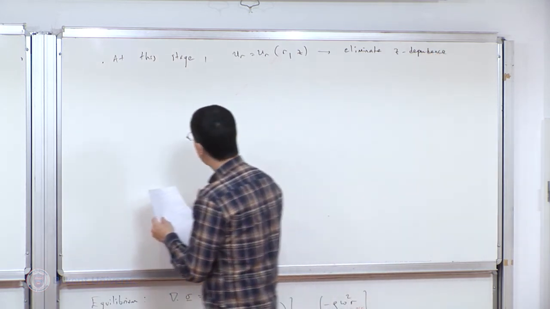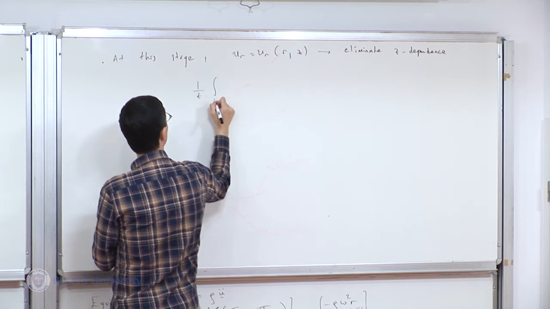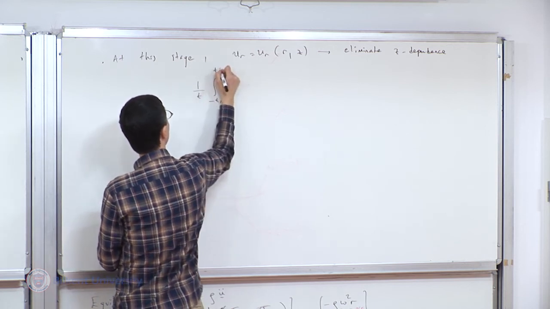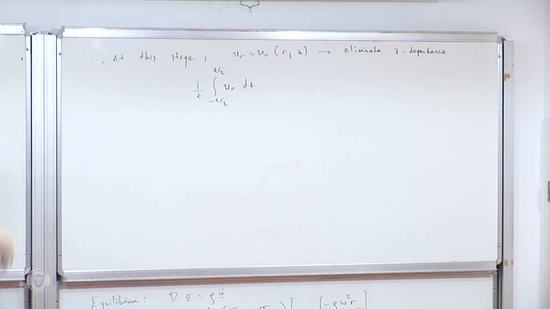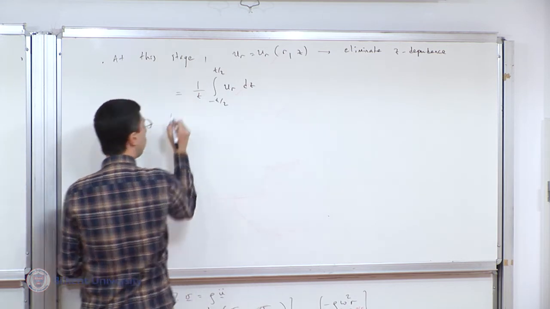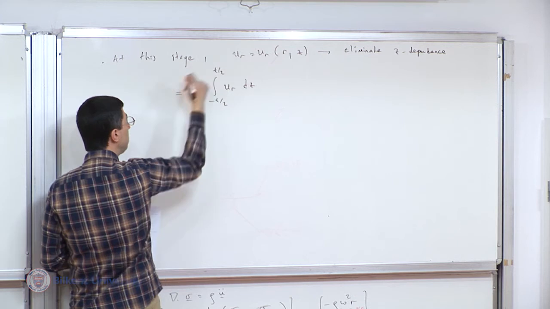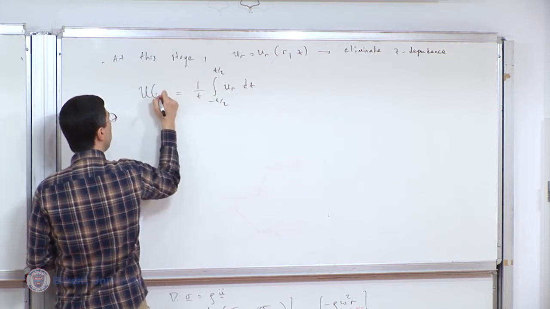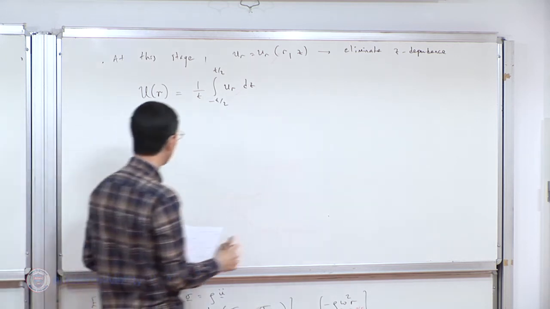And as I said, we're going to introduce a thickness averaging idea. So I integrate UR dZ over the thickness, divide by the thickness. Okay? And now I'm going to call it a variable that, obviously, right, this depends on R and Z. I eliminate the Z direction. So now this is a variable that depends only on the radial direction.